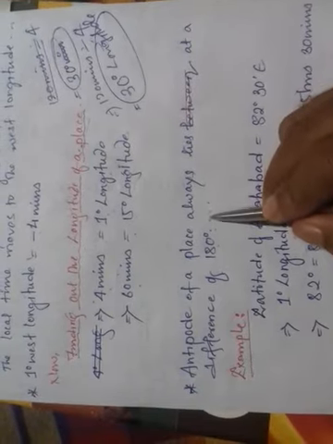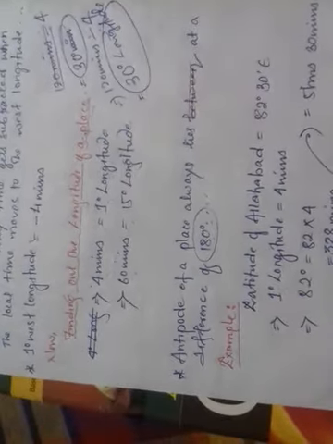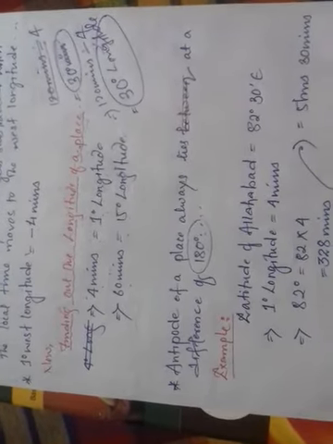This is one diametrical line drawn from one side to another, and these points are known as antipodal positions. Now, if any degree of longitude is given, that degree will be subtracted from 180 degree to find out the antipode.